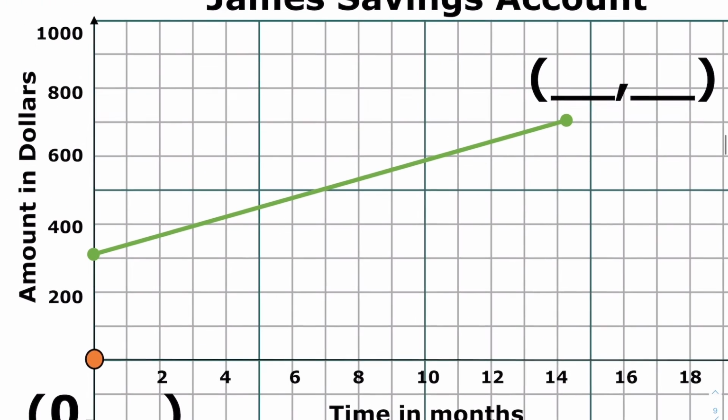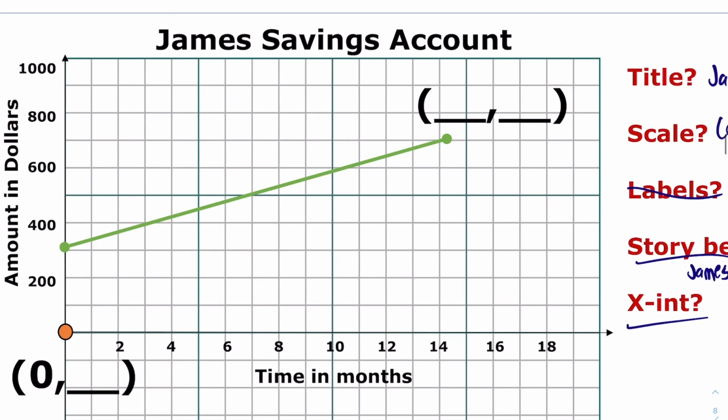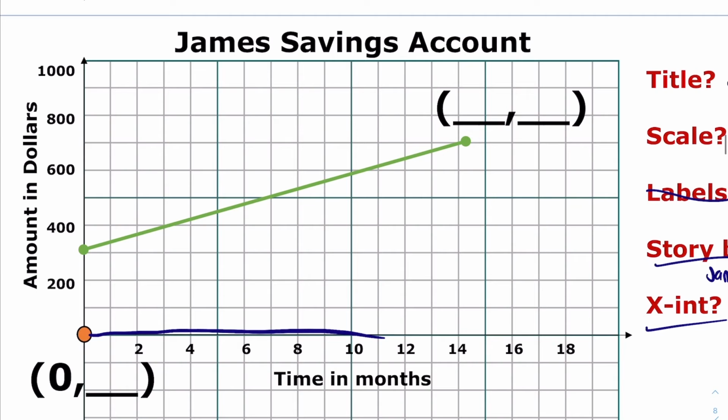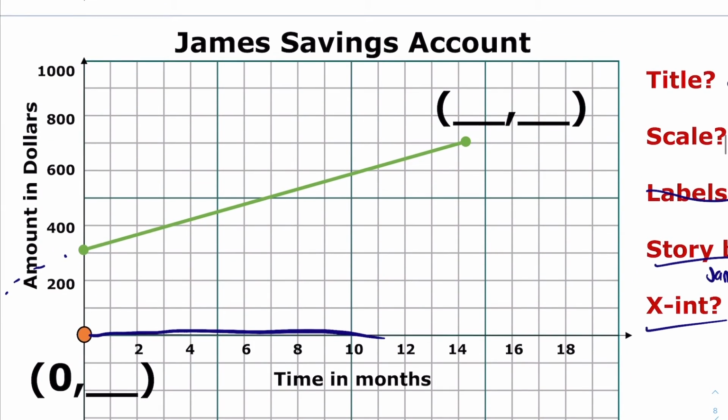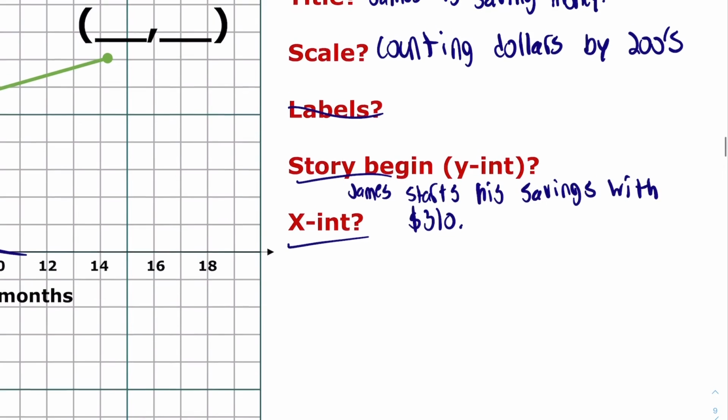The x-intercept, well, here's the x-axis, and the line does not go backwards, so I would say that there is no x-intercept, or it does not apply.